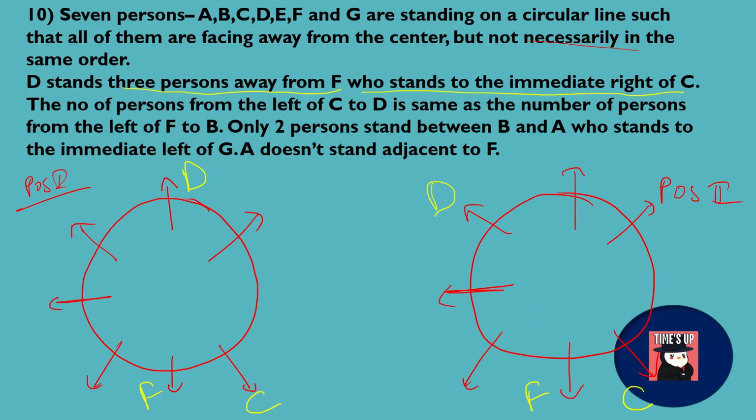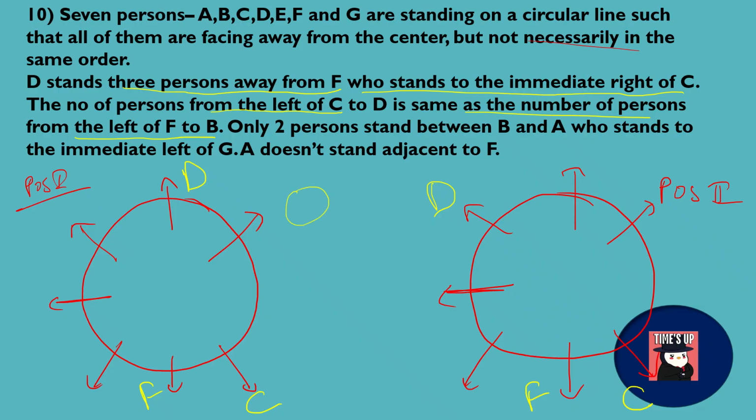The number of persons from left of C to D is the same number of persons from left of F to B. So from C to D, from left, we have one person.